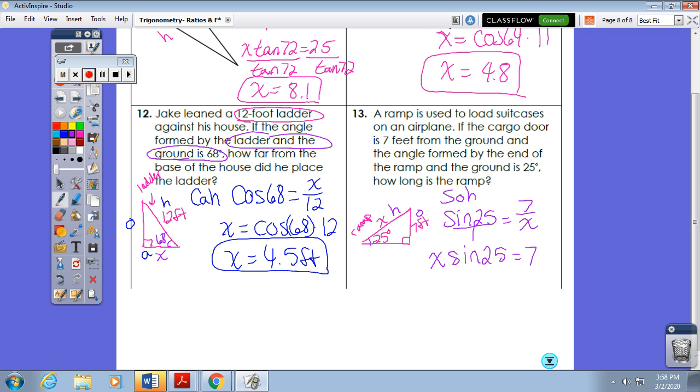Divide both sides by sine of 25. So x is going to equal 16.6 feet would be my ramp. Okay, that is all for this lesson on trig ratios and sides.